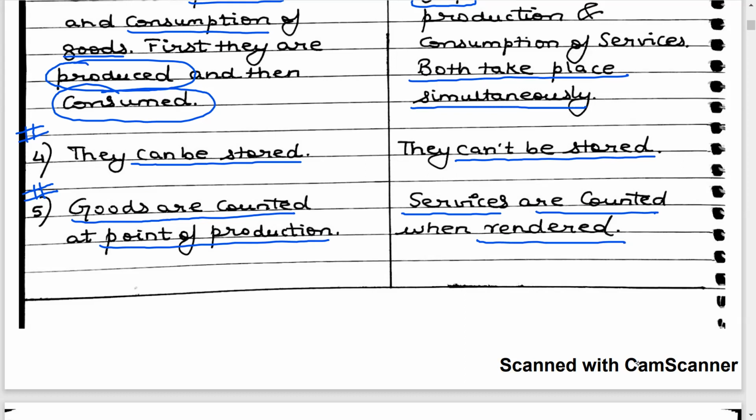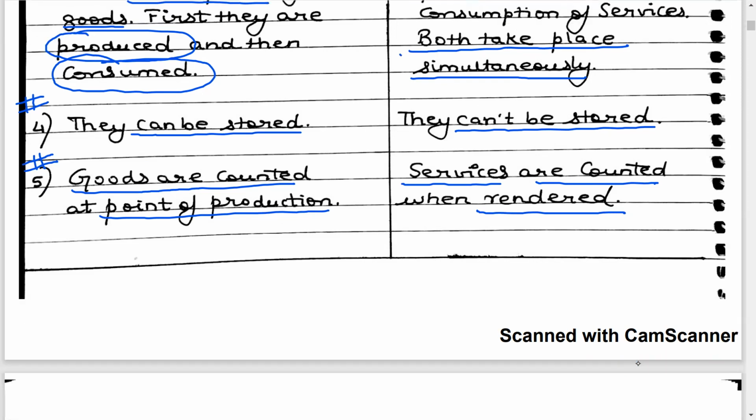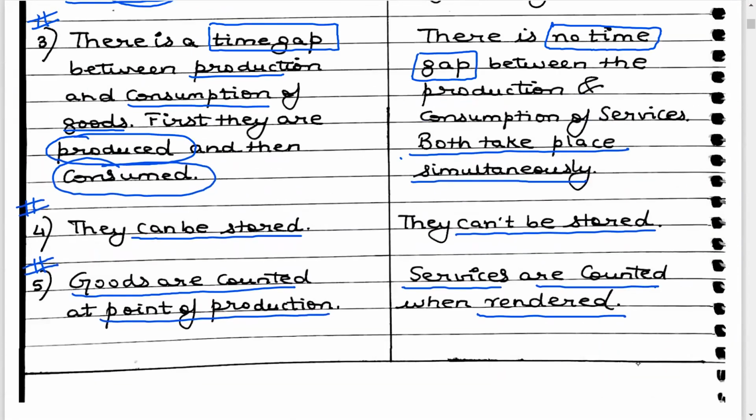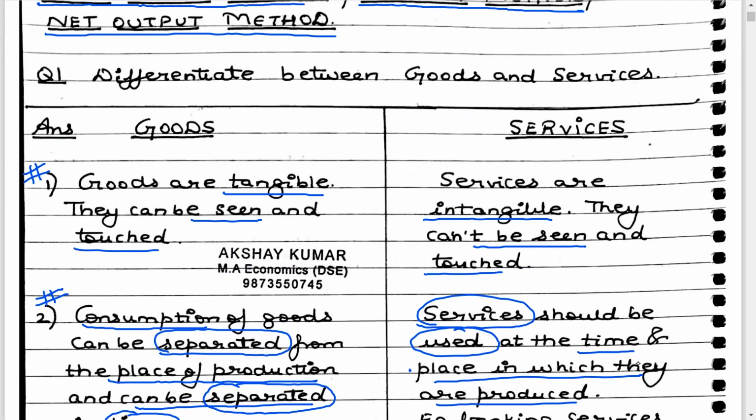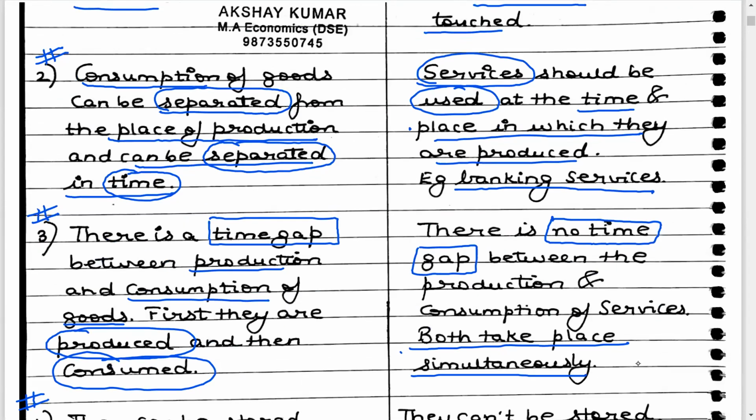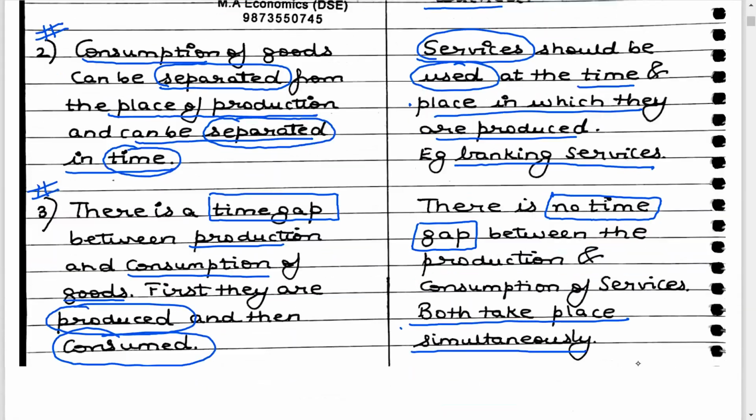So I hope all students have understood the fifth difference. Goods are counted when produced. Services are counted when rendered or when offered. Moving on. So these are the 5 key differences between goods and services. I hope all students have understood question 1.